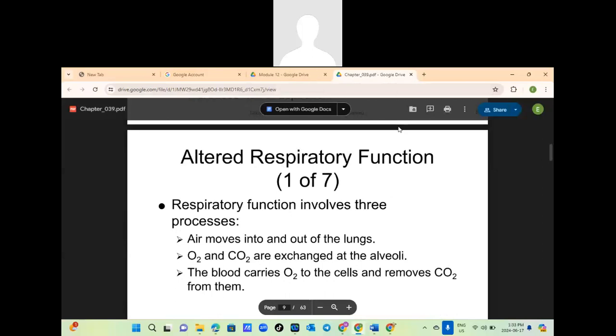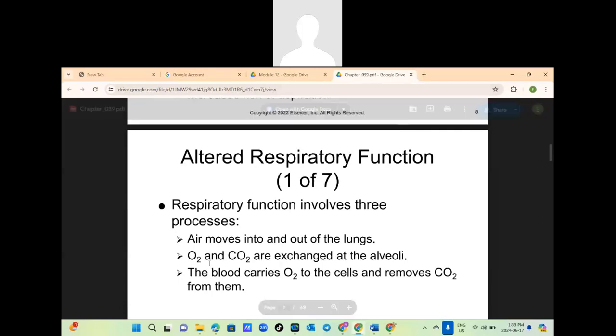So respiratory function involves three processes. The air moves into and out of the lungs. Oxygen, or O2, and carbon dioxide, or CO2, go hand in hand.